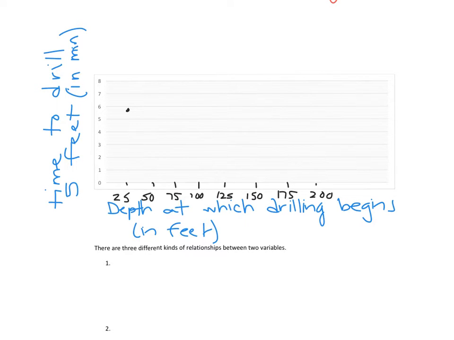And then 50 and 5.99, a little bit bigger. 75 and 6.74. 95 and 6.1, a little bit smaller. 120 and 7.47. 130 and 6.93. 145 and 6.42.